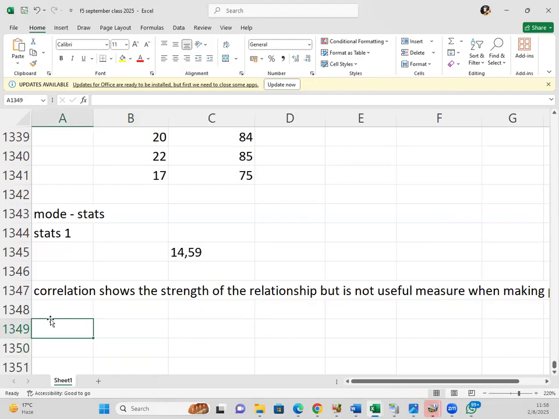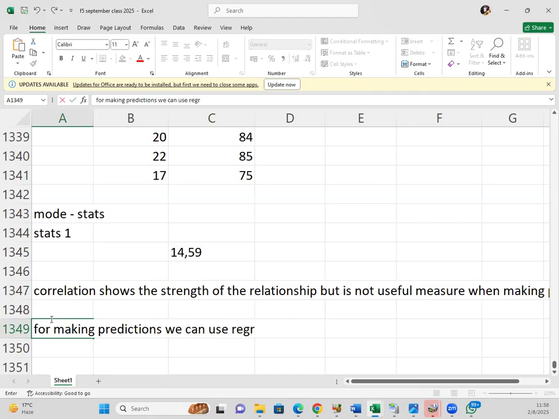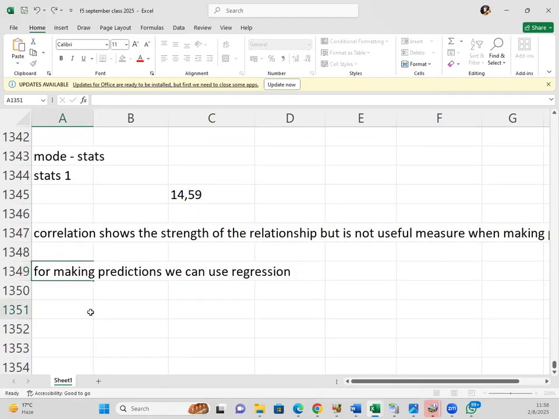So for making predictions, what then can we make use of? If we are making predictions, we make use of regression.